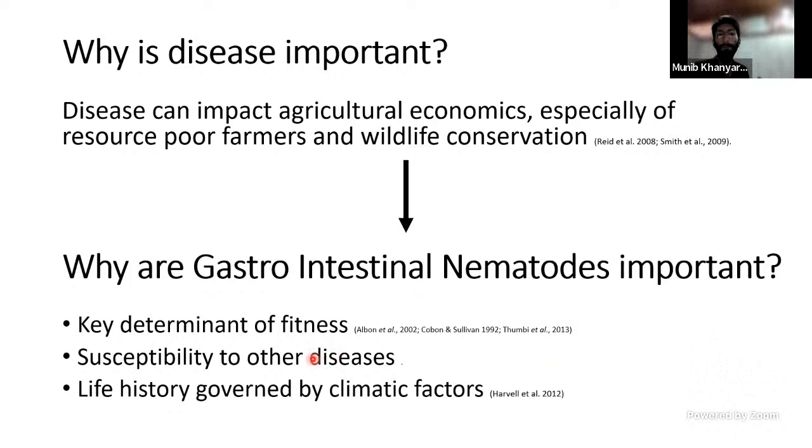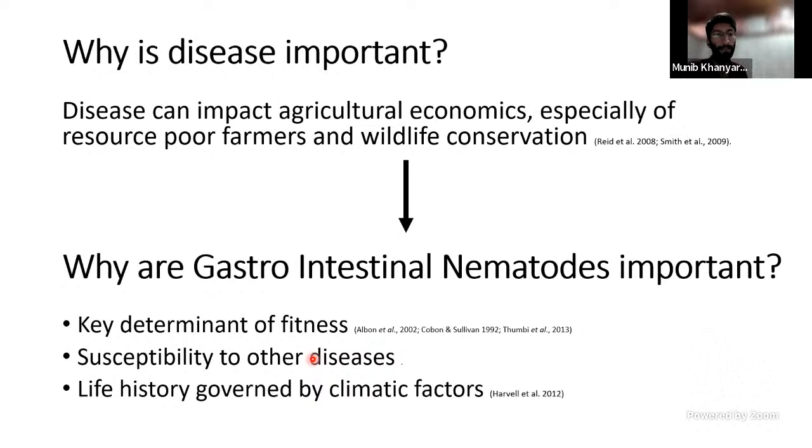GINs also result in susceptibility to other diseases. In other words, if you have high GIN loads, you might just become weak. You might not be able to ingest food and digest it the way you would normally do, which will then potentially lead to acquiring other diseases, which might then be fatal. So I thought they are a gateway to this sort of impact on health.